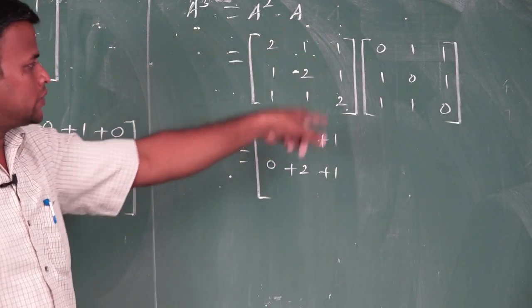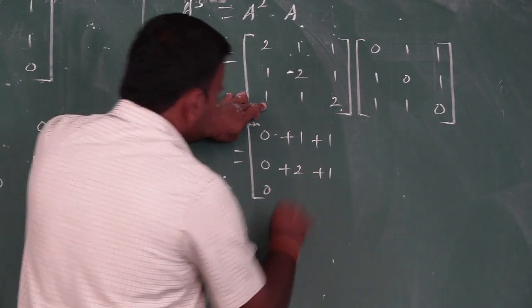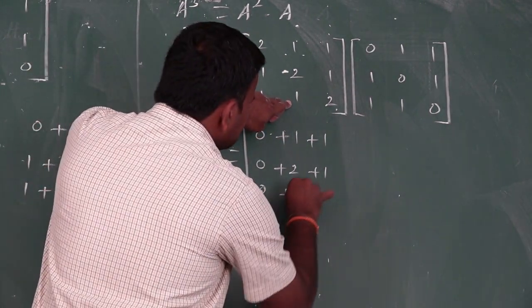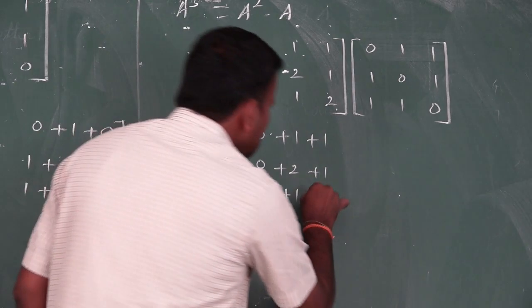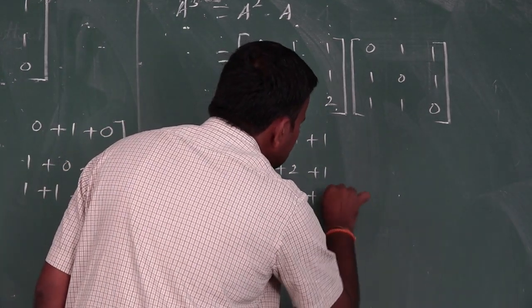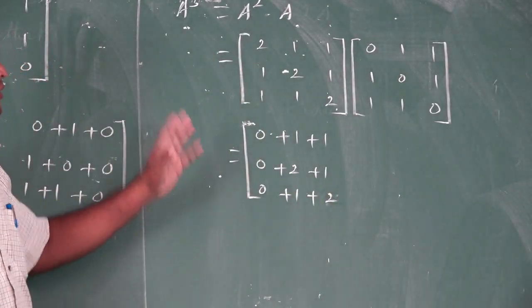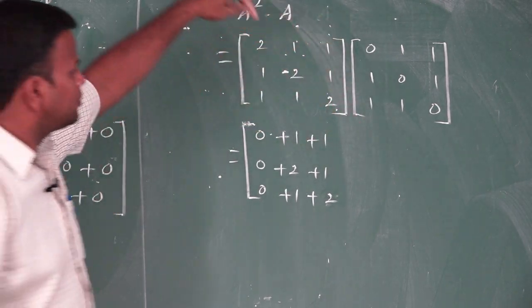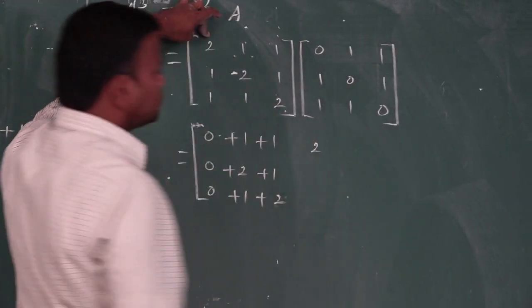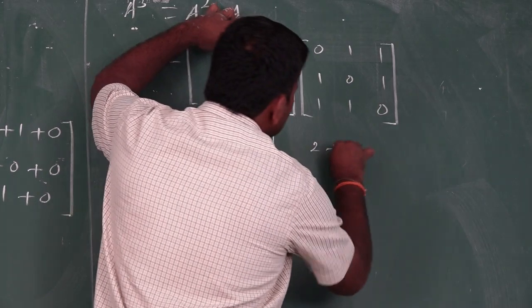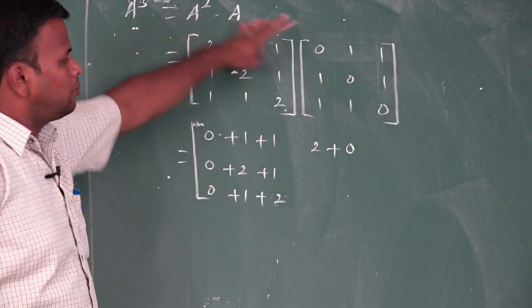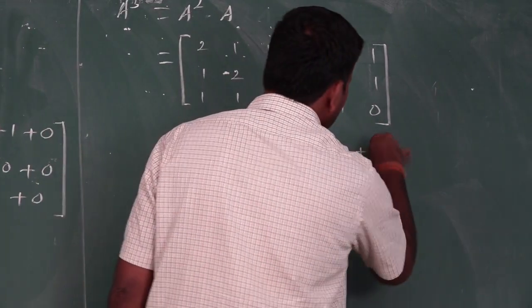Now, third row, first column: 1 into 0 is 0, 1 ones are 1 plus 2 ones are 2. Next, first row and second column: 2 ones are 2, 1 into 0 is 0 plus 1 ones are 1.